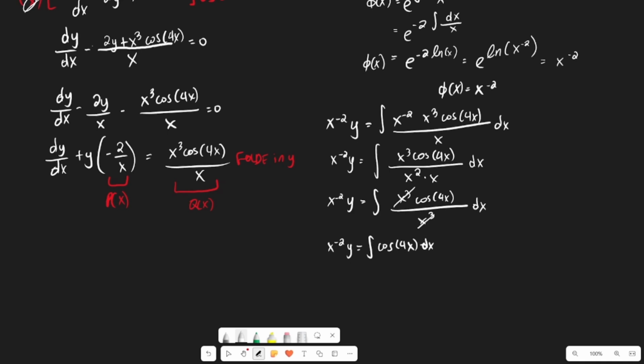Now we're going to have to integrate this one, the integral of cosine 4x.